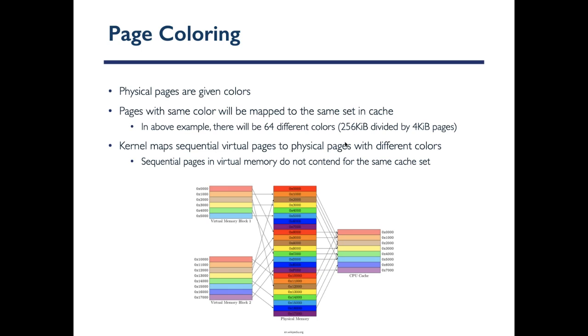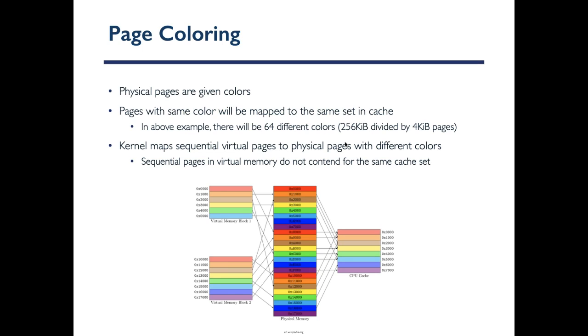Now, when the operating system wants to allocate physical memory to each process, it tries its best to allocate pages with different colors to consecutive virtual pages.